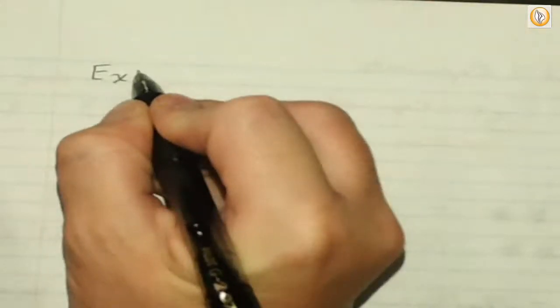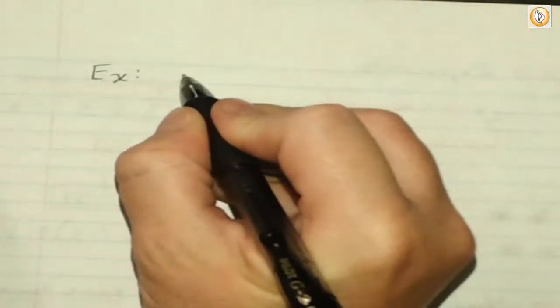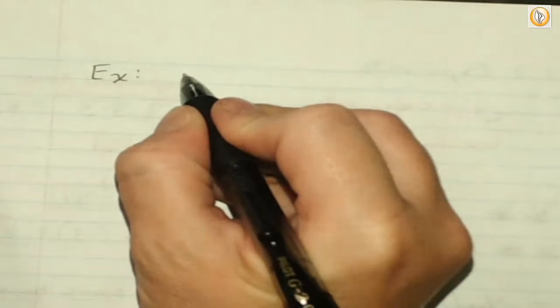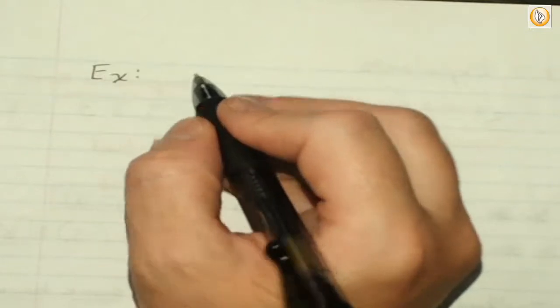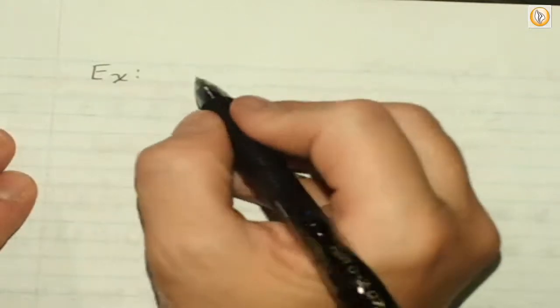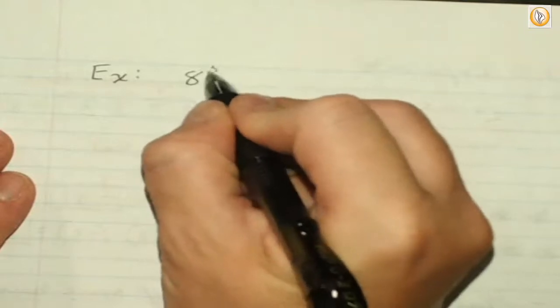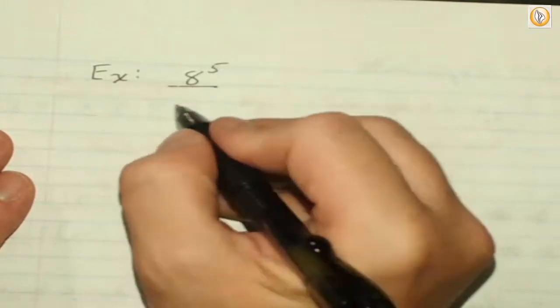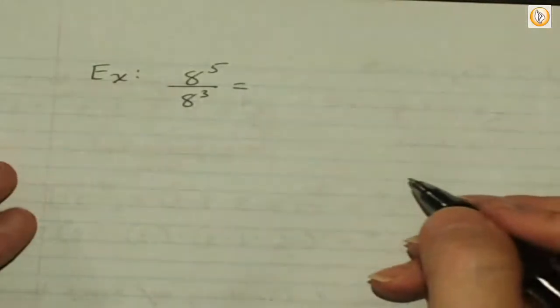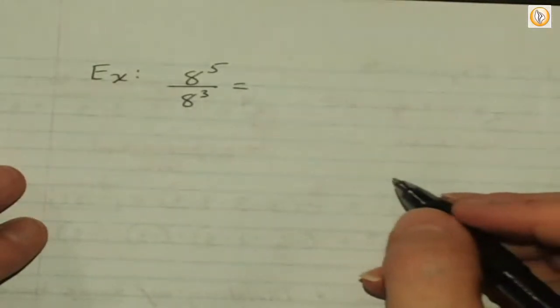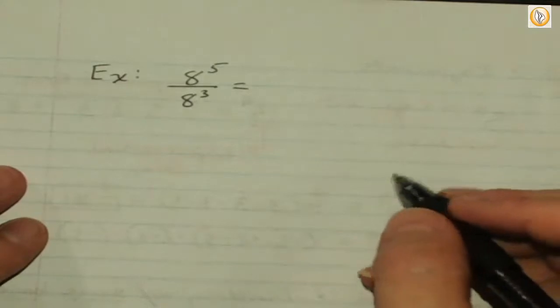Let's say I have 8 to the 5th power over 8 to the 3rd power. What operation is taking place here? Division.